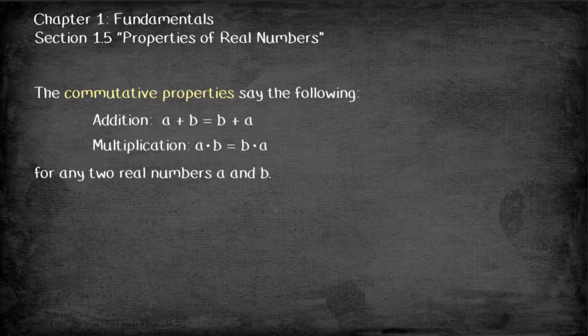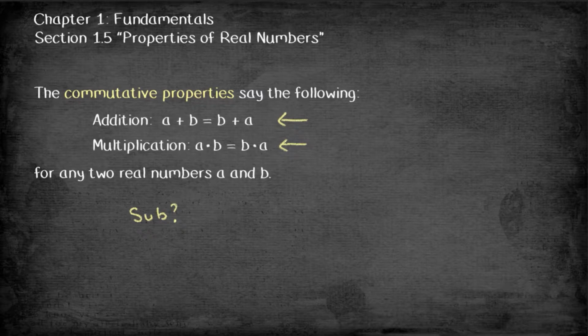These are restricted to addition and multiplication. It's important to note here that the commutative properties are particular to addition and multiplication. So you might be asking yourself, okay, what about subtraction? Does that have a commutative property?